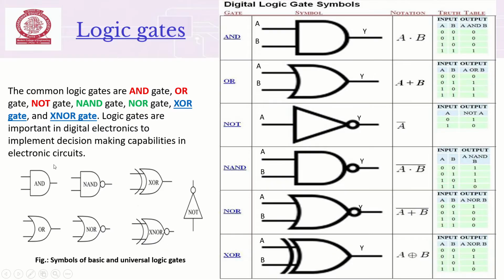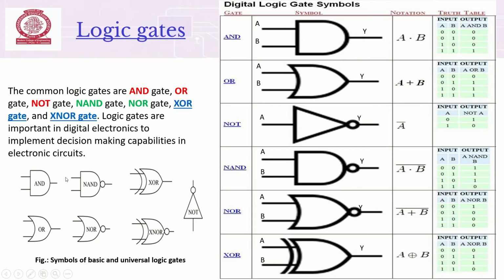Now, we'll see the symbols. These are the symbols of our gates. This is the AND gate, and this is a NAND gate. This bubble is an inverter. The NAND gate is implemented as the complement of the AND gate. Because at the output of the AND gate we are inserting a bubble, the output of the NAND gate will be the inverted output of an AND gate.